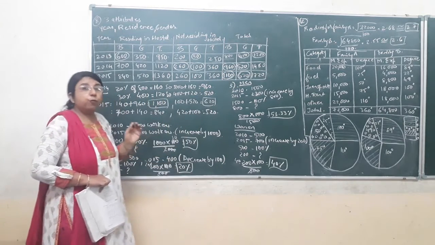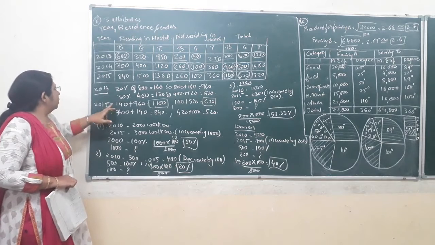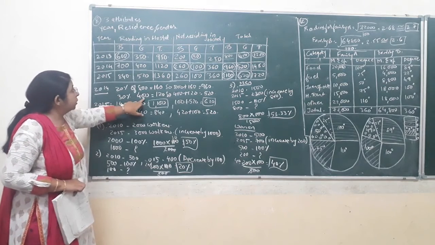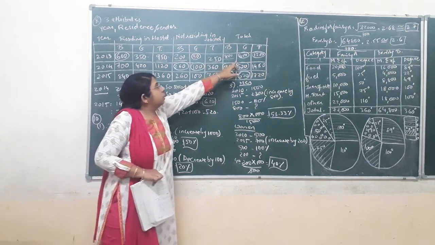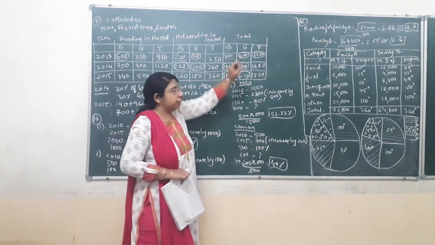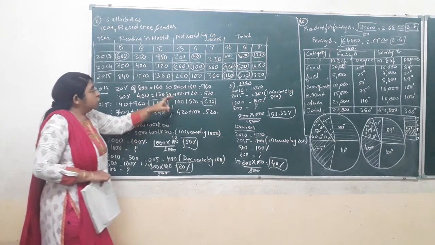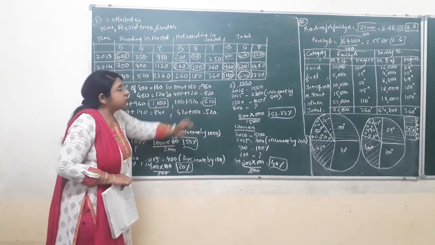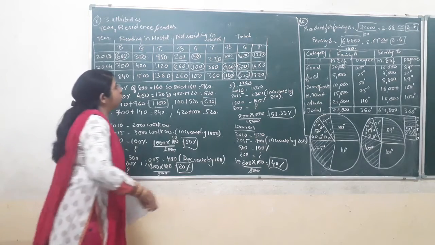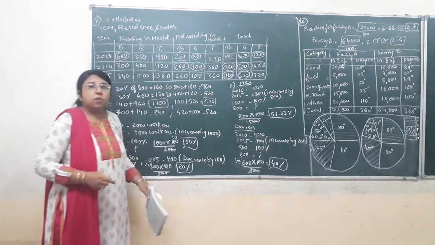In the same way, we have to find for girls also. You can see in the calculation for girls, it is written 30% of 400. What was the total of girls for the year 2013? That was 400. 30% of 400 would come to 120. So 400 plus 120 is equal to 520. So you can see in the column of total girls, it is written as 520.